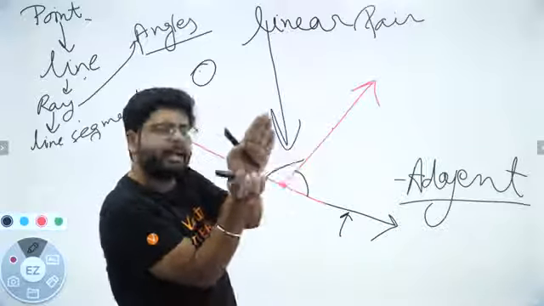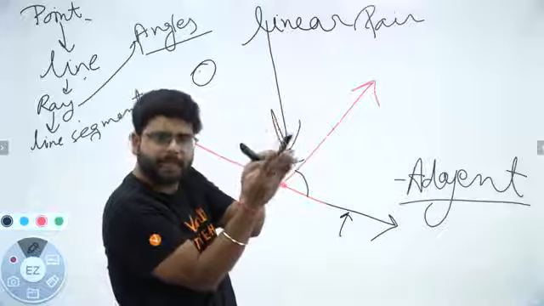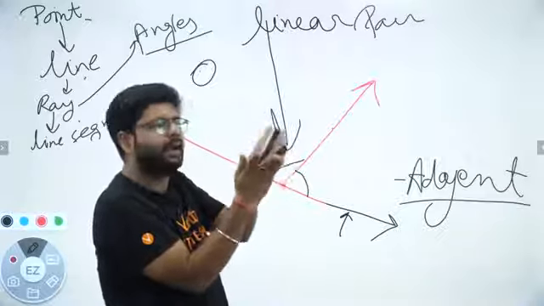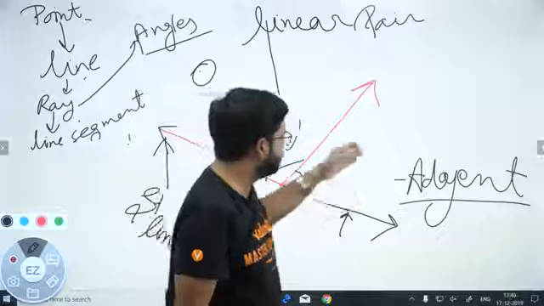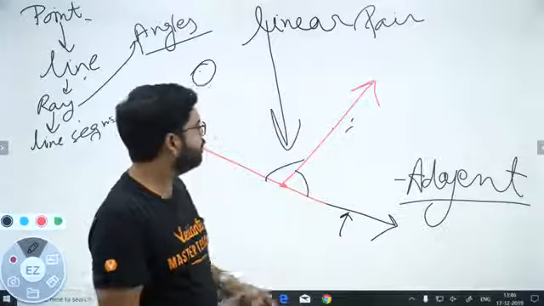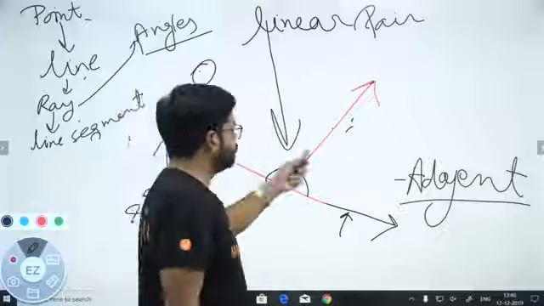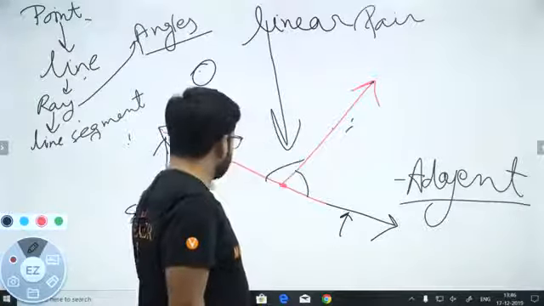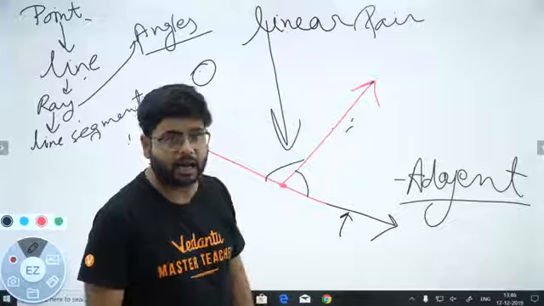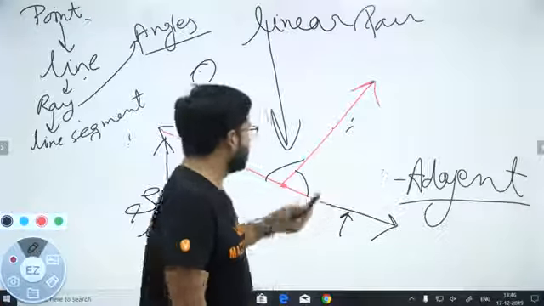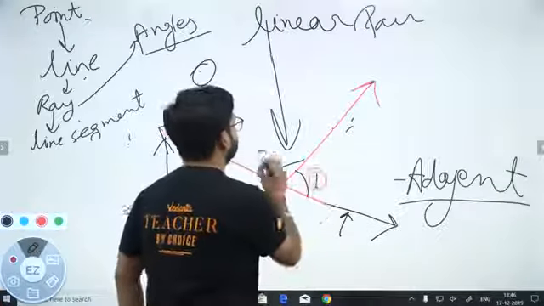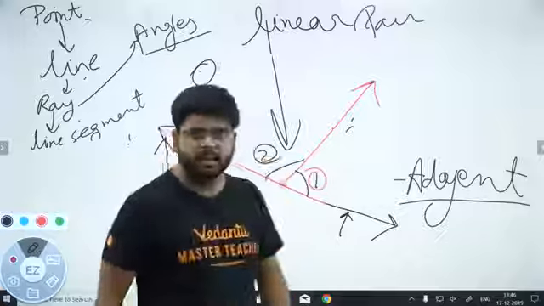Now, inside that angle, I added one more angle. Right? If I have made one more angle in between them, in such a way that there is a common arm of two angles, and the other two arms lie on the other sides of that common arm, then those angles, like angle 1 and angle 2, are called adjacent angles, right?